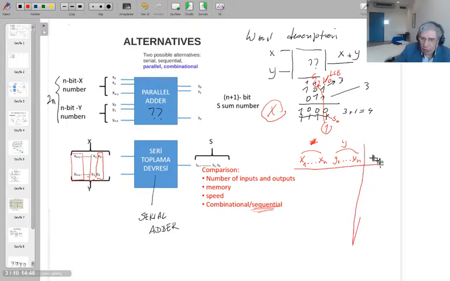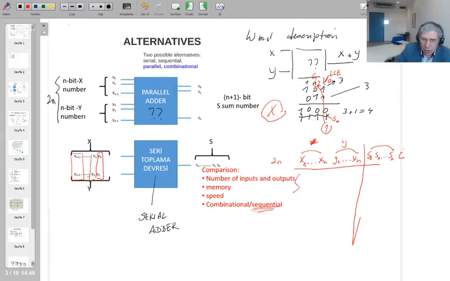And then we are going to have S0, S1 up to Sn, and the last carry. So n plus 1 outputs. What does this mean? This is the total number of bits. The total number of variables here is 2n.